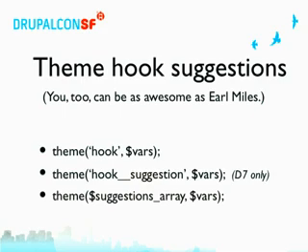So you would have to pass an array that says hook__suggestion, and then also just hook as your array. And the reason for that is when it's given an array, it doesn't know to cut off the end and look at just the base part of that string. But when you're given just a string, it will start cutting off the ends based on this double underscore pattern.